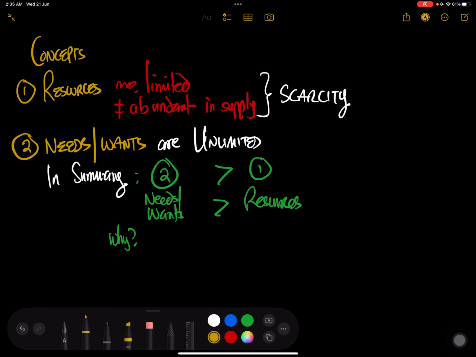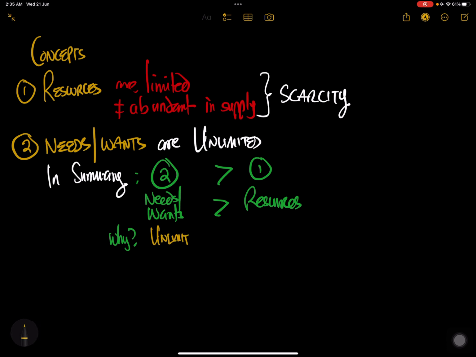Because the needs or the wants are unlimited. Everybody wants more. And that unlimited stuff is greater than the limited resources. And that explains why scarcity exists. They are scarce. So scarcity is something which is in short supply, you cannot meet your needs. So we can say that the first major concept is scarcity.